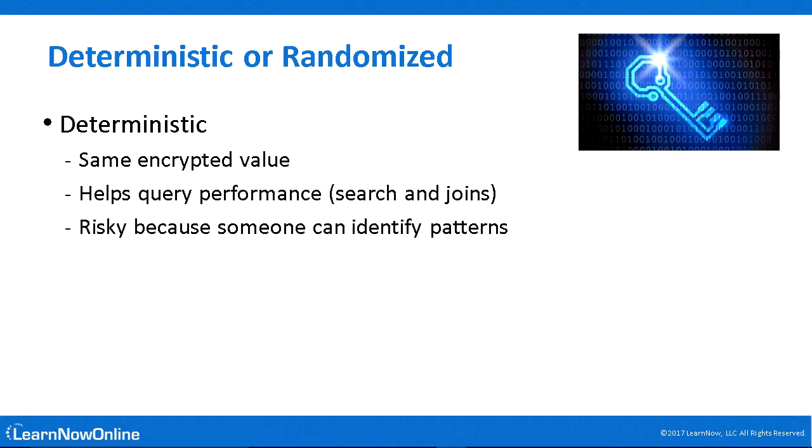Always Encrypted supports these two types, randomized and deterministic. The deterministic always generates the same encrypted value for any given plain text value. You use this because you need to allow point lookups like WHERE clauses, equality joins like inner joins, and grouping and indexing on these encrypted columns.